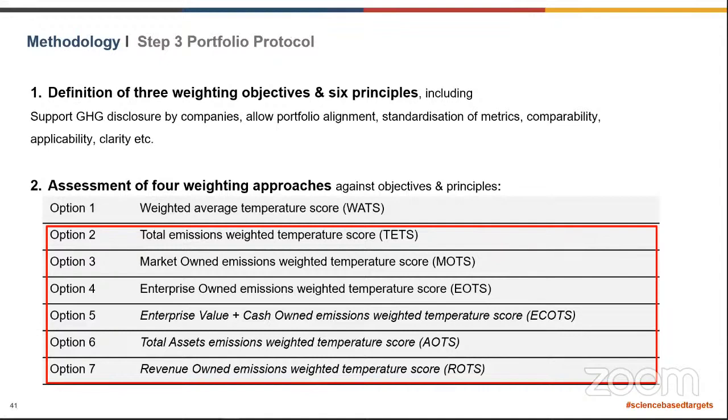These scores are typically quite consistent, whereas option 1, the weighted average temperature score, which just uses the portfolio holdings, often gives a skewed result because it's not actually linked in any way to the greenhouse gases of the company. But within the tool, you have the option to select various aspects of these weighting approaches that can be used for various purposes.